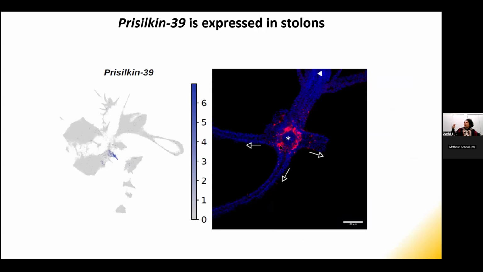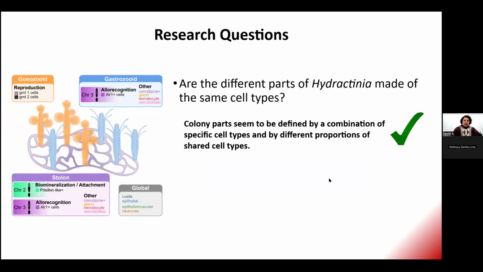So it seems like the pre-silkin is right at the beginning of the interaction of the stolon with the substrate. So the pre-silkin is here, and it's more similar to mollusks than to other cnidarians indeed.